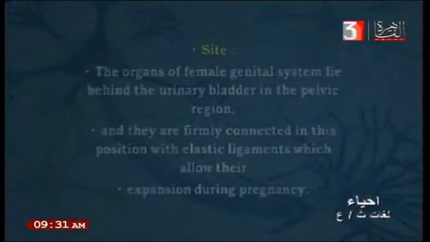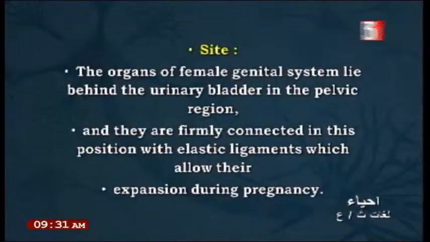Now let us describe where the organs are. The organs of the female genital system are found behind the urinary bladder in the pelvic region. They are connected with elastic ligaments that allow their expansion during pregnancy.